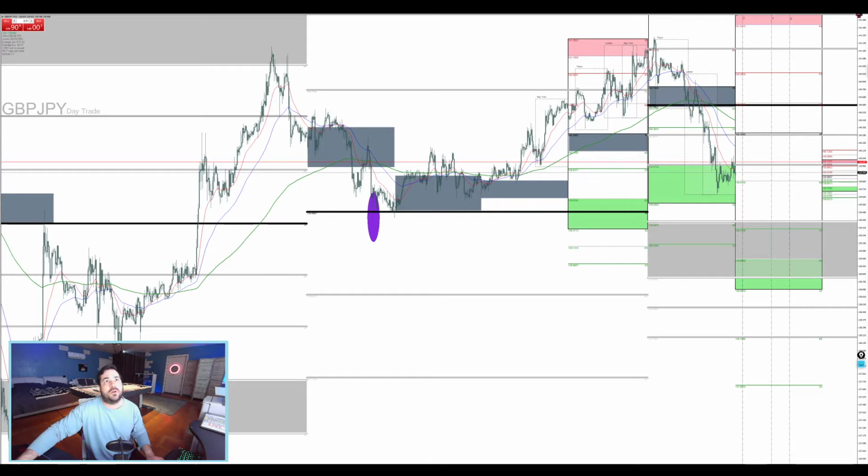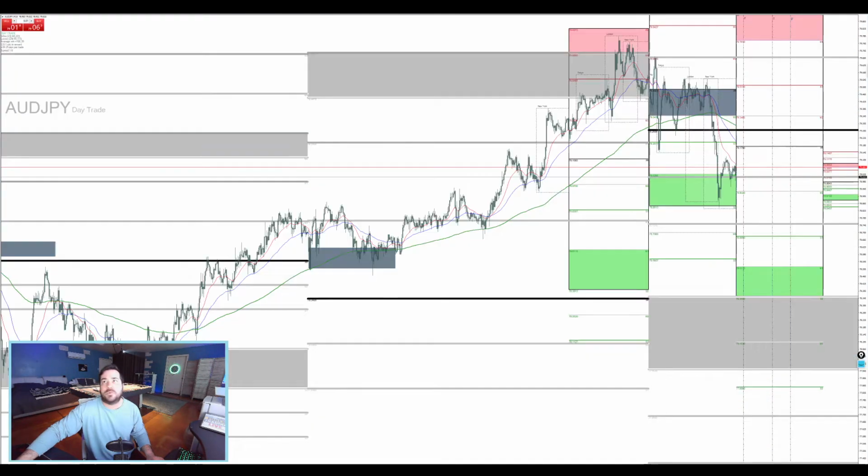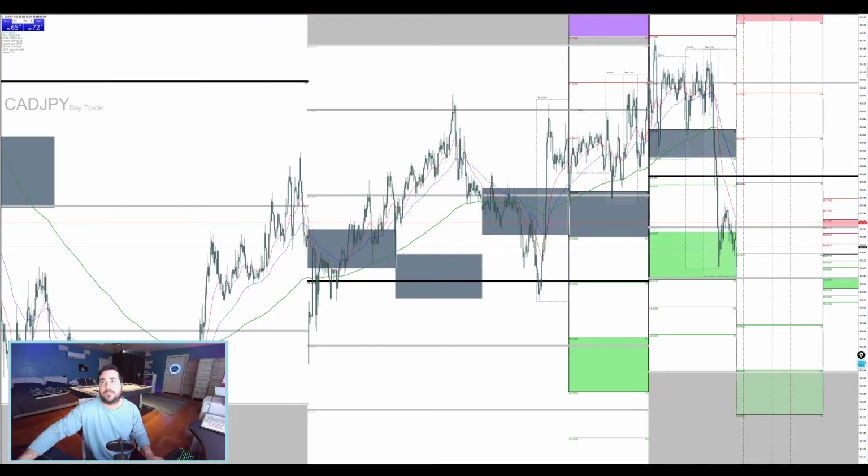This one's well below, but the daily central pivot is above the M2, so we'll go ahead and mark that out as well. This one we'll mark out. And this one. There we go.